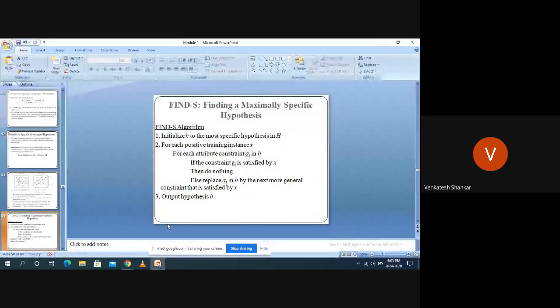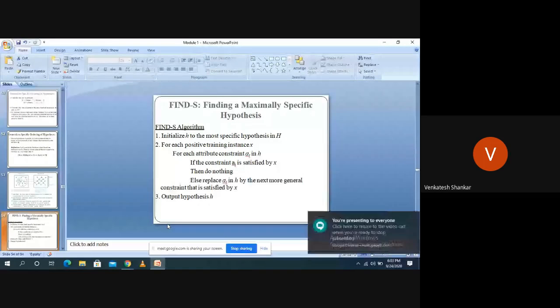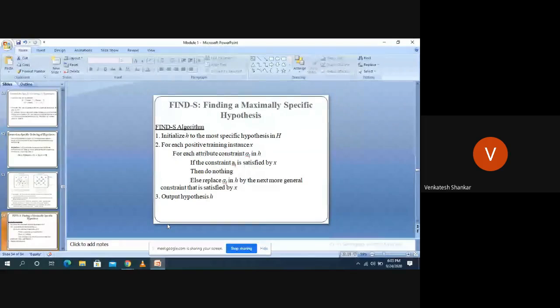Understood? Now, in concept learning, we are studying two algorithms. The first one is the FindS algorithm. Second one is the candidate elimination algorithm.